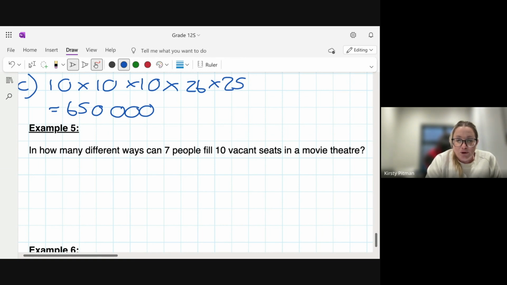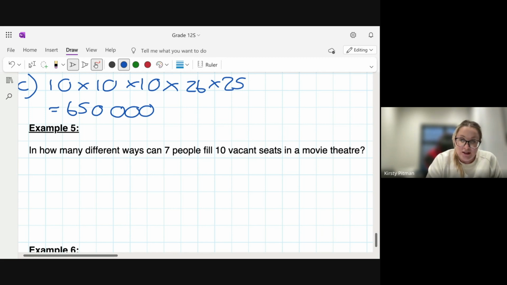All right. So if we're going to determine the number of different ways that 7 people can fill up 10 vacant seats in a movie theater, we need to consider the fact that we are choosing 7 seats out of the 10 available seats, first of all. And then we're arranging the 7 people in those 7 chosen seats.